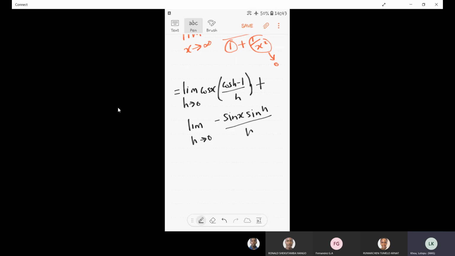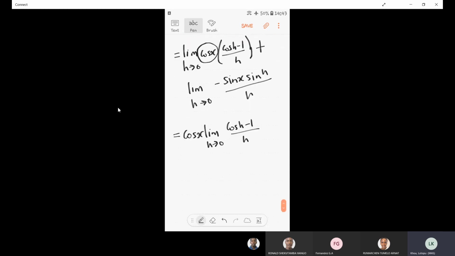Then what I do is this cos x has nothing to do with h. So whether h is going to 0 or whatever is happening to h, it has no effect on cos x. So you can take it out of the limit. So this is cos x times the limit as h goes to 0 of cos h minus 1 over h.